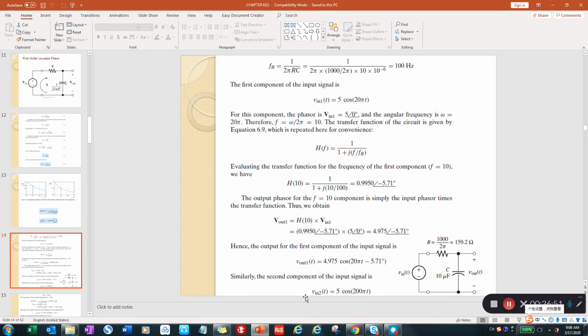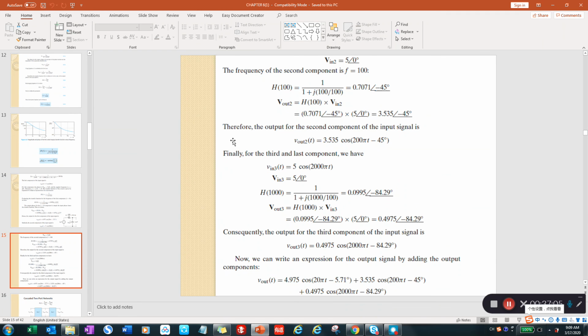And the second component of the input signal is 5 cosine 200 pi t. You can see the frequency changed. The same thing, we are going to figure out the transfer function for the frequency of the second input signal. We first identify the frequency for the second input is 100.